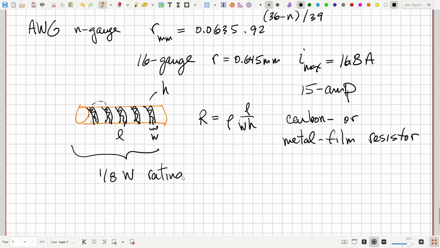So you'd have to make sure that P equals Ri squared would be less than 1/8 of a watt. And so that would effectively be a limit on the current that could flow through it. So if you need more power handling capabilities, then you need to build your resistor with some other kind of technology that can handle the higher dissipated powers.